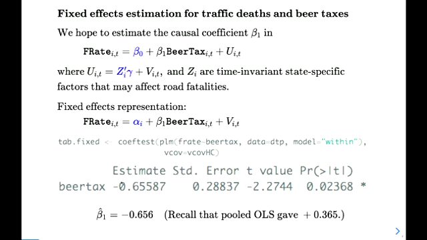So pooled OLS says higher beer taxes are associated with higher fatality rates, but then when we allow for this state level heterogeneity, that conclusion switches around and we get the negative effect, which I guess if you're a policymaker, that's what you might be hoping for. All right, so that's the story so far. Okay, so it's a negative coefficient. There's a standard error here, which we're going to come back to.